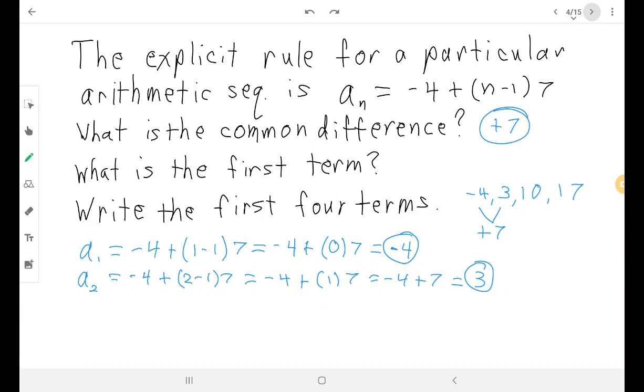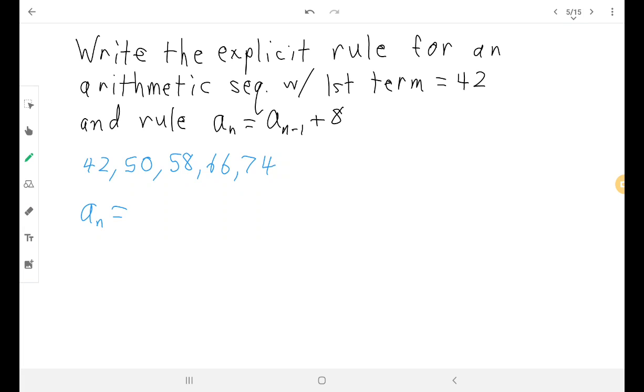So the first term, 42, plus n minus 1 times the common difference, and the common difference is that we're adding 8 over and over again, right? So that becomes the multiplier because we're adding it over and over again, right? So this should be the explicit rule.